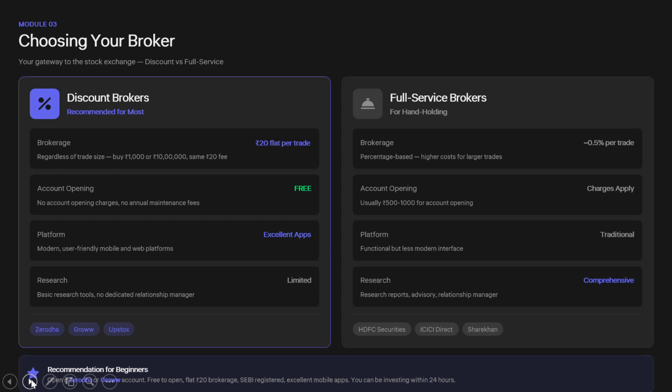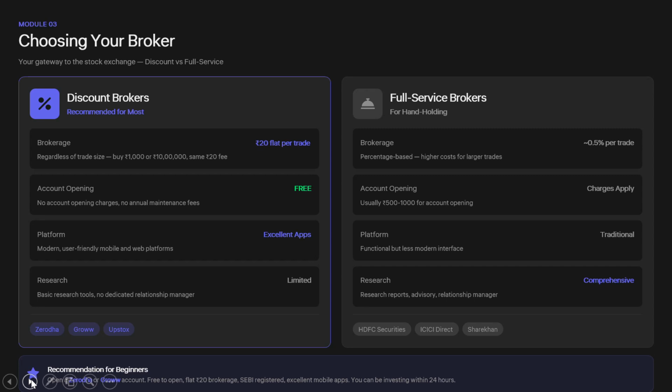Choosing a broker. A broker is your gateway to the stock exchange. There are two types: discount brokers and full service brokers. Discount brokers like Zerodha and Grow charge a flat fee, typically 20 rupees per trade, regardless of the size. Account opening is free. The platforms are excellent.